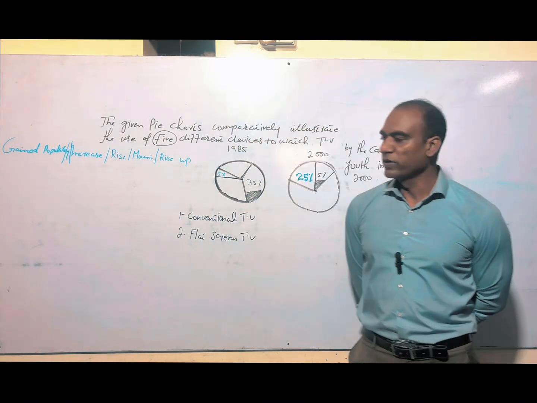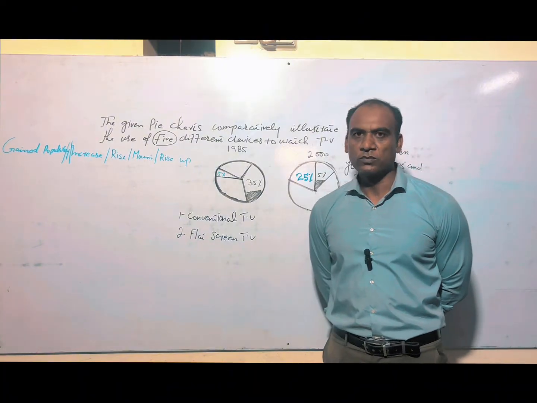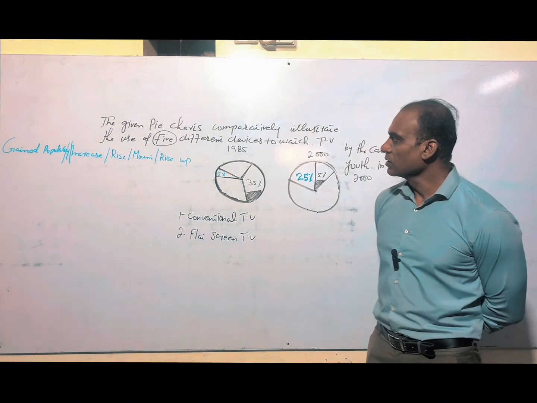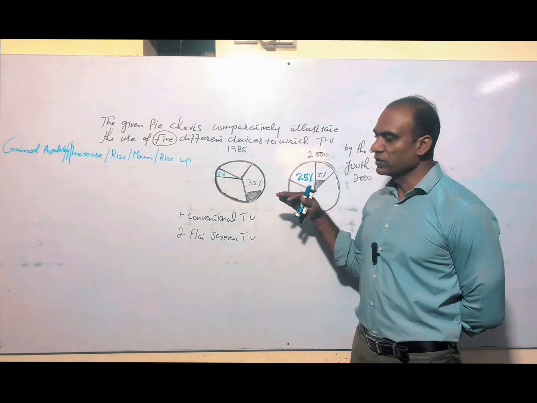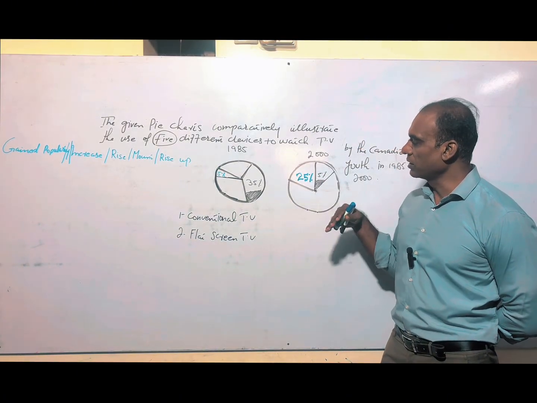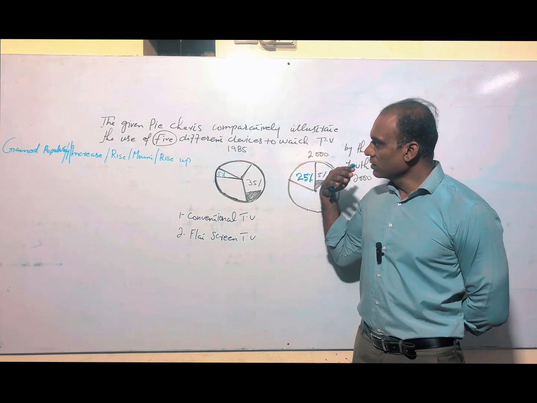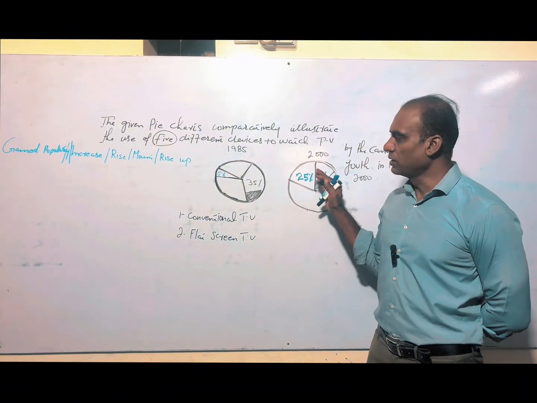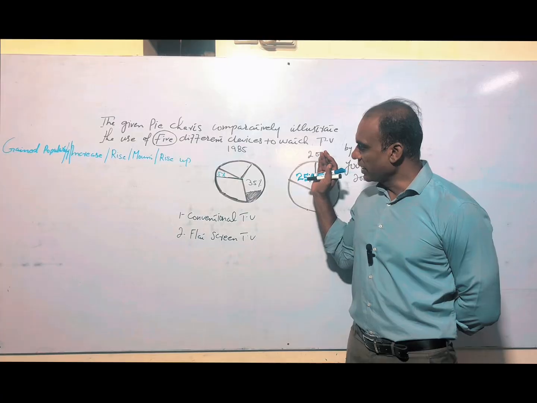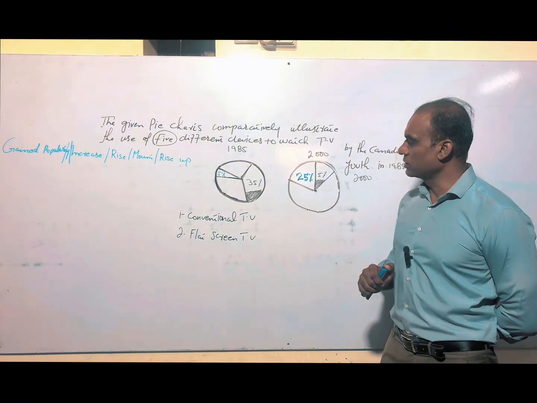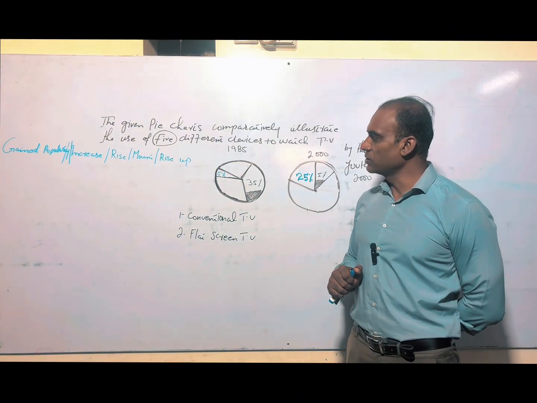So here I have already written something so that the video does not become too long. As an example, suppose there is a chart given in the exam and it says that Canadian youths used different devices to watch TV.